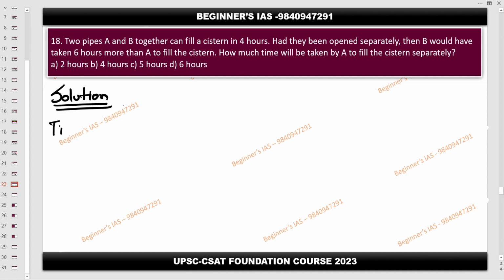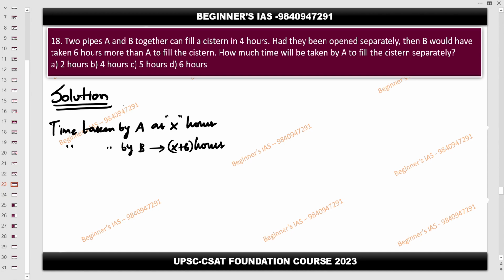So what I'm going to do is take the time taken by A as X hours. Then what would be the time taken by B? Automatically it will become X plus 6, since it takes 6 hours more than A. After this, take the LCM to find out the total work.